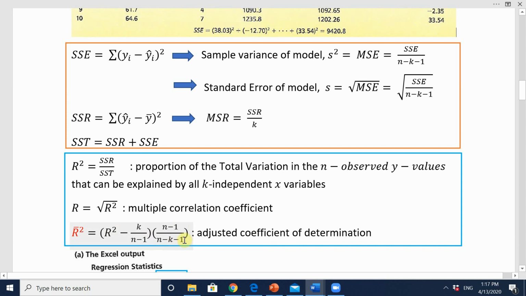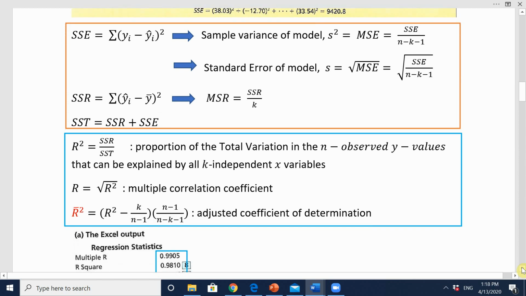Okay, so that will somewhat reduce the R squared. And so this adjusted coefficient of determination is represented by this notation right here, R squared with a bar on the R. Sometimes you'll also see R squared subscript adj, adj representing adjusted.